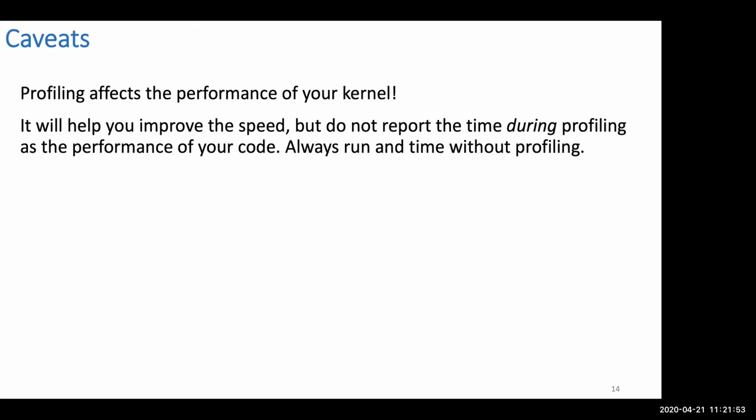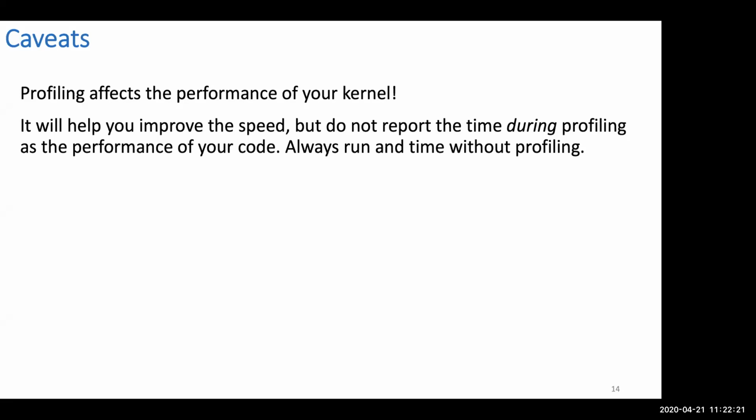The last caveat is that when you run your kernel while it's being profiled, it will affect the performance of your kernel. There's a physical principle that observing the behavior of a system affects the system, and this is that same thing writ large. So when you're reporting performance for a paper or a class project, you don't want to record the performance under profiling.